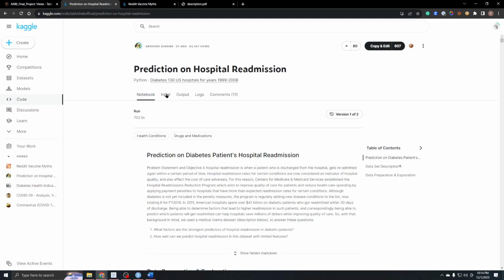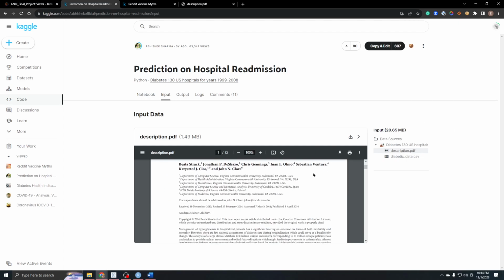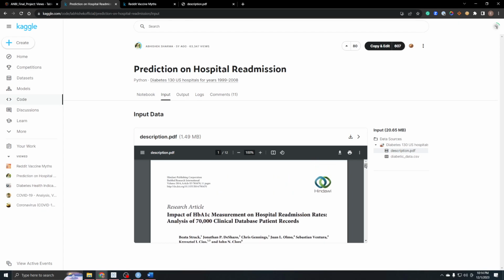And long story short, which is also described in this description.pdf, depending on the A1C results, it did not show as a factor of whether they were going to return to the hospital, but it was actually a factor of whether they got the A1C result test. If they did, they were less likely to show back up, but if they didn't, they were more likely to be readmitted into the hospital.